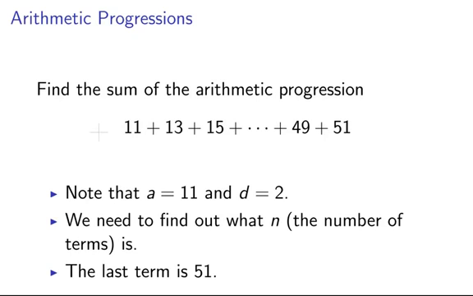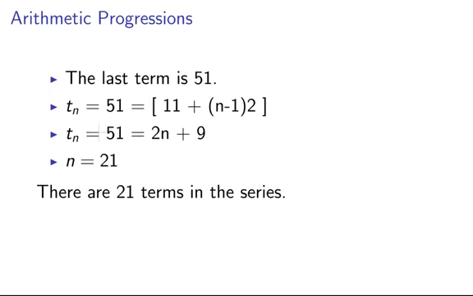We're going to use the fact that the last term is 51 with the first formula. T of n equals 51, and that is equal to 11 plus n minus 1 times 2.